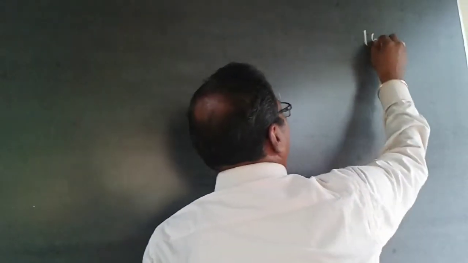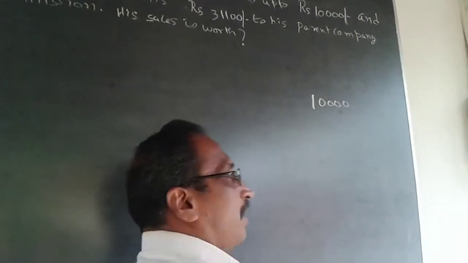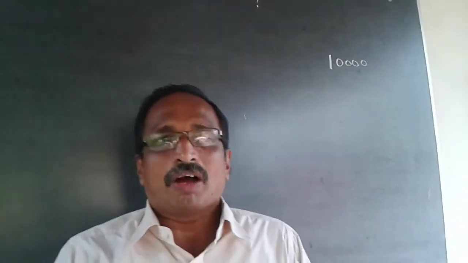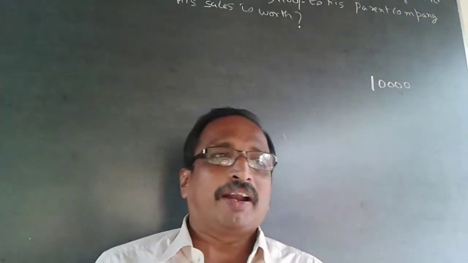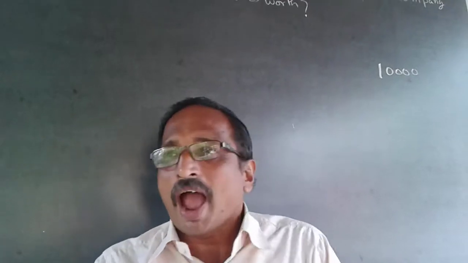my head office is in Bombay and I get 20% commission. Supposing my sale is 10,000 rupees, I'll have to deduct my commission, 20% of this, and remit the remaining amount to my Bombay office.